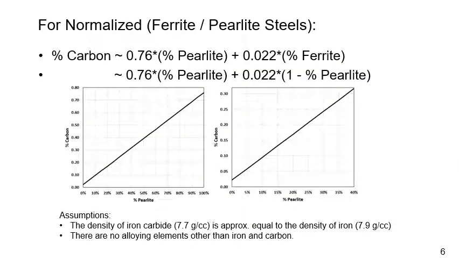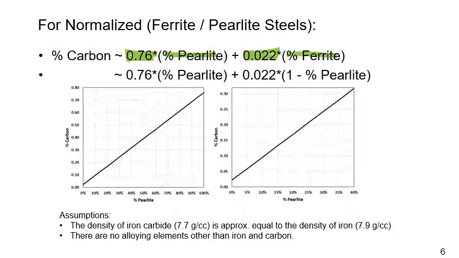So if I solve the lever rule equation for carbon, knowing that the eutectoid carbon content, that's the amount of carbon in the austenite that transforms to perlite, is 0.76, and knowing that the amount of carbon in the ferrite is 0.02, then I can just easily graph that and be able to figure out the carbon content of the steel by the perlite.